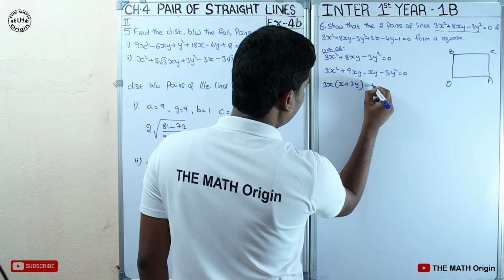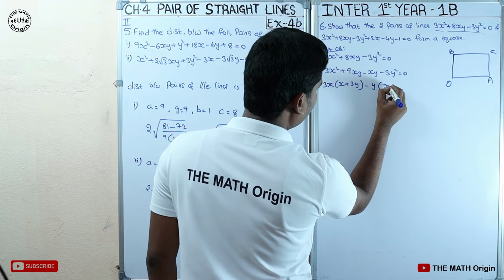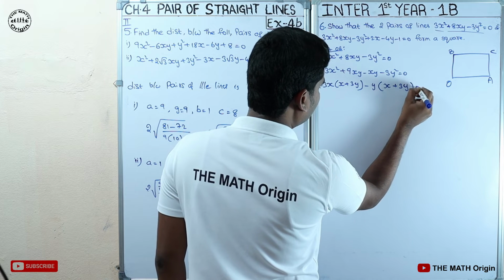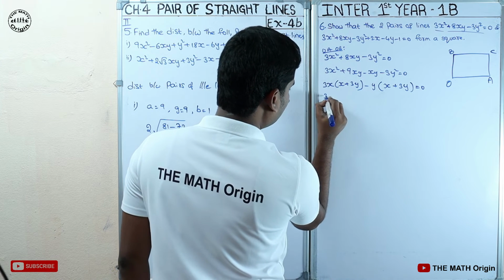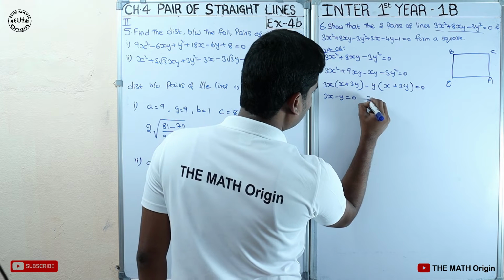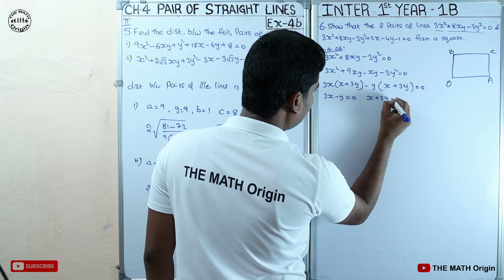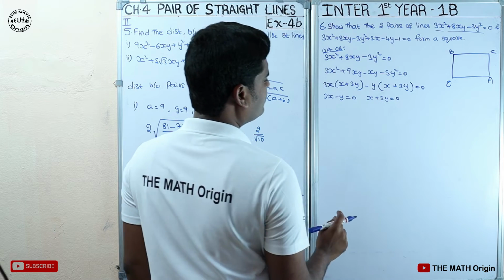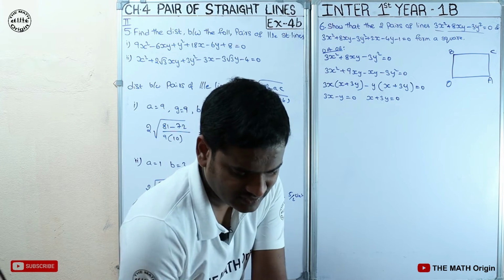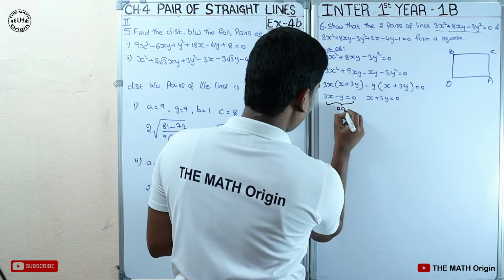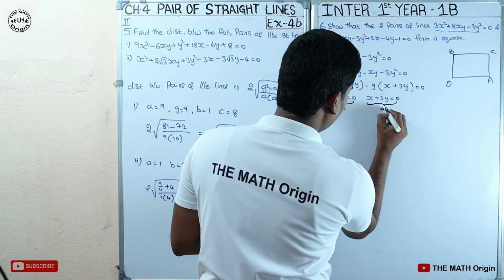minus y, if I take common here it will be x plus 3y is equals to 0. Now 3x minus y equals to 0 and x plus 3y equals to 0. Now these are the equations for OA and OB. This is the equation for OA and this is the equation for OB.